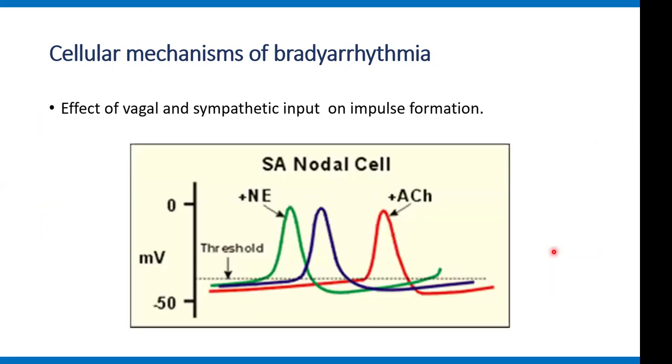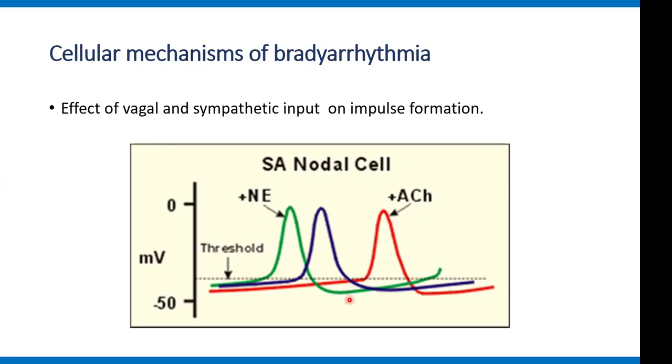So I mentioned some of it earlier on. For the SA node, for instance, if you give a beta agonist or norepinephrine, if you look at the green line, it pushes the threshold more towards positive, more towards 40, which means that the SA node can easily be activated and action potentials generated easily. The dark blue is the normal one.